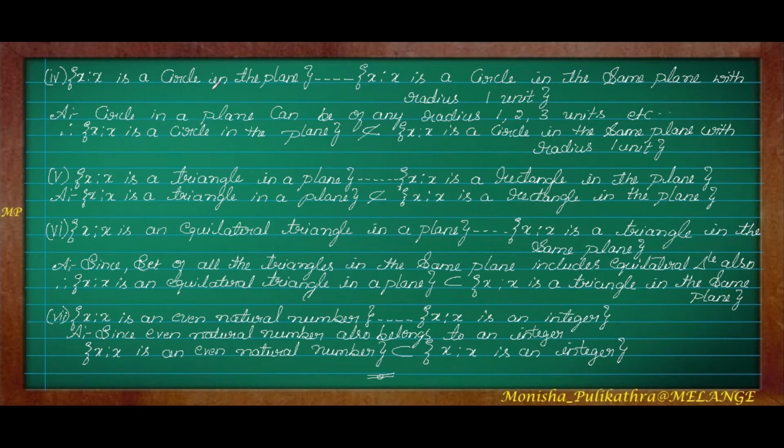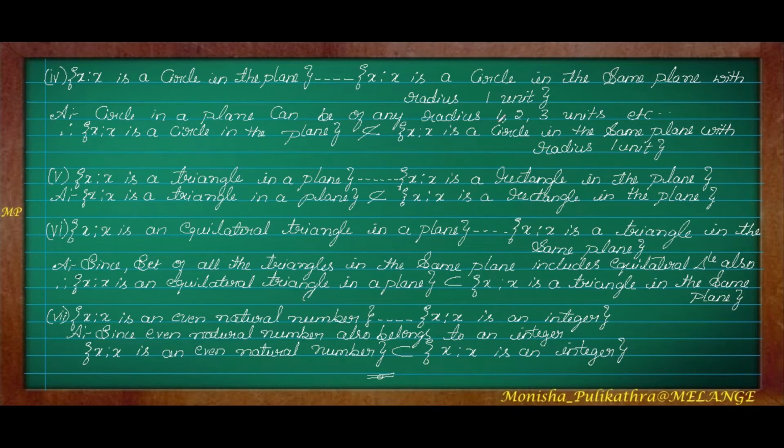It can be 1 centimeter, 2 centimeter, 3 centimeter, etc. But here they have specifically given that the circle is of radius only 1 unit. If a circle is more than 1 unit, it can't be included in the circle of radius 1 unit. So we can conclude that a circle in a plane is not a subset of a circle in the same plane with radius 1 unit, because a circle in a plane can be a circle of any radius.